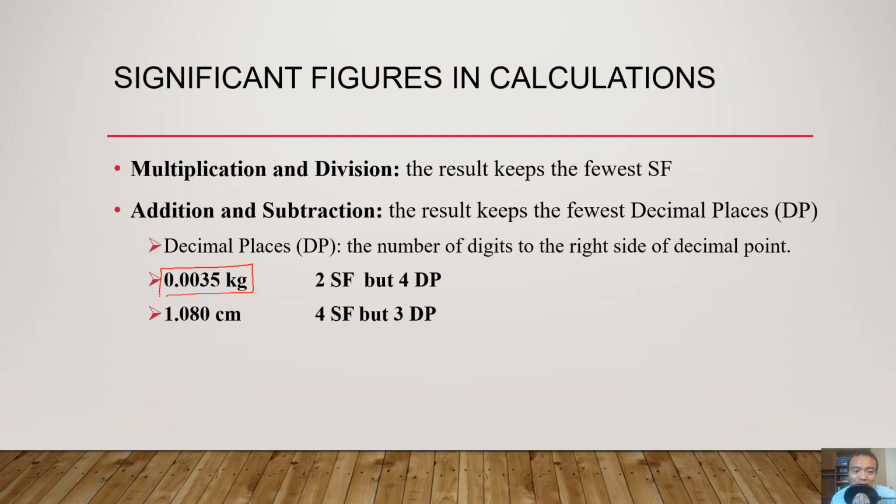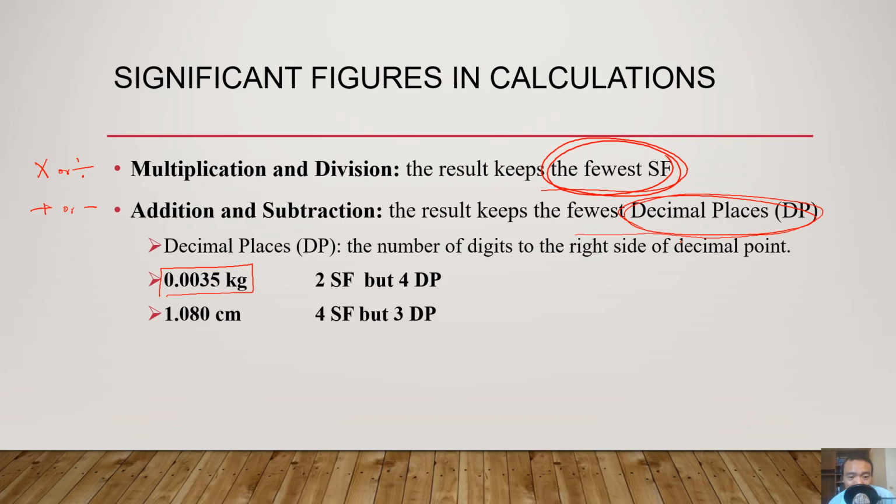Similarly, for the second example, you have 4 sig figs, but only 3 decimal places. For multiplication or division, your result should keep the fewest number of sig figs. However, for plus or minus, addition or subtraction, you would keep the fewest decimal places.